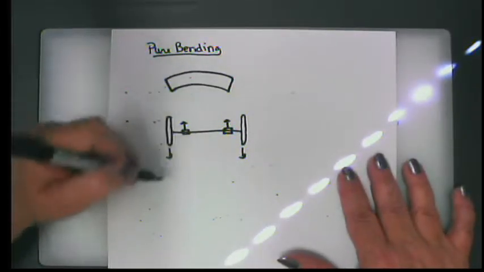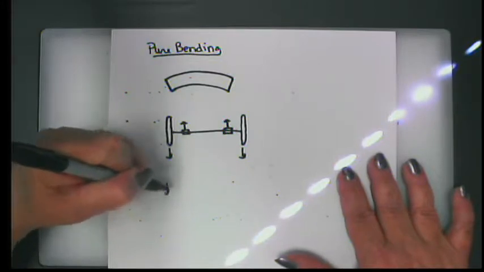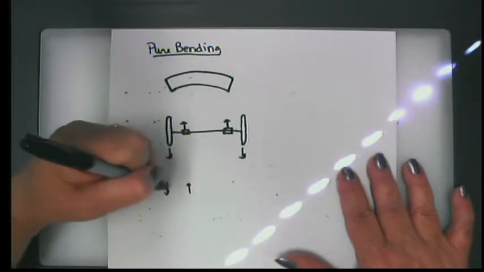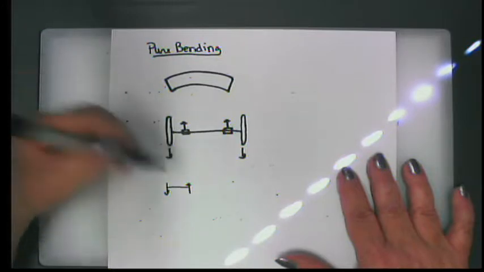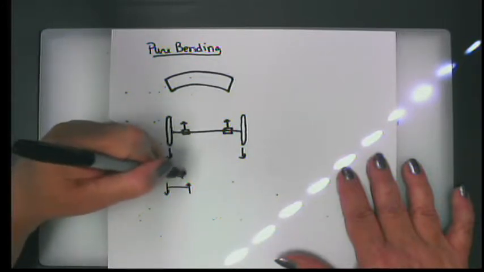And this type of force system, where you have forces that are equal and opposite in sense, separated by a distance, is referred to as a couple.